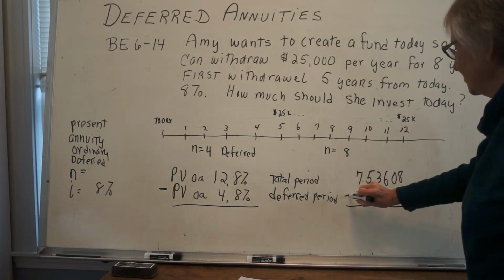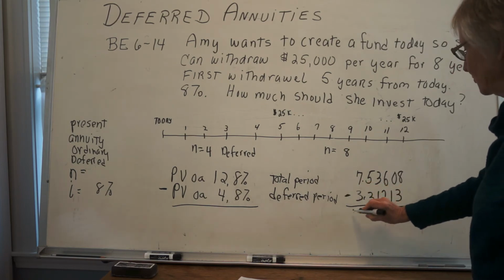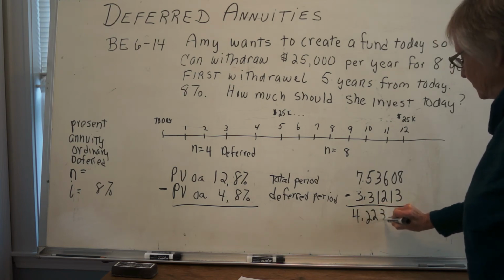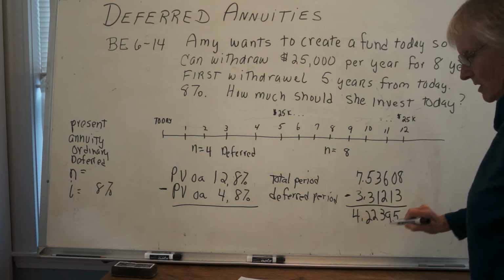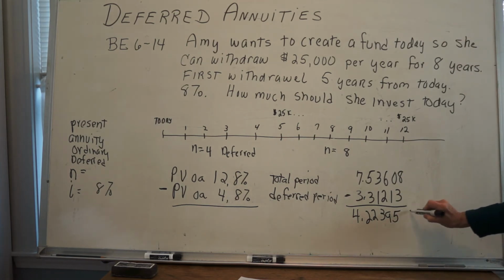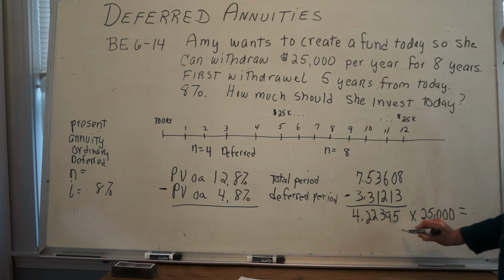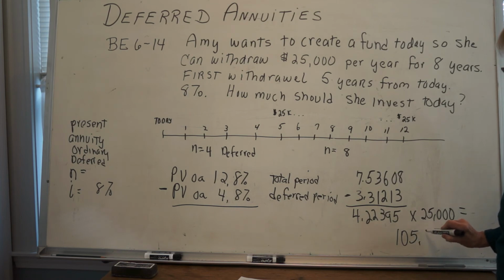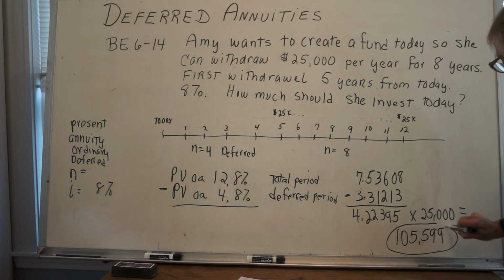We subtract those, and that gives us the appropriate factor of 4.22395. We multiply that times the $25,000 that she wants, and we get the amount she has to deposit today of $105,599. So that would be our solution to this.